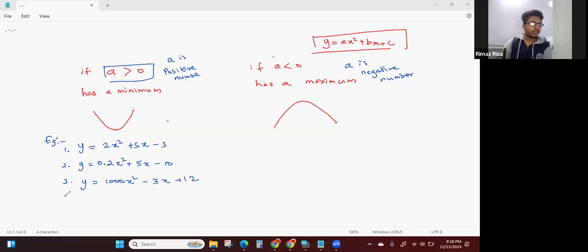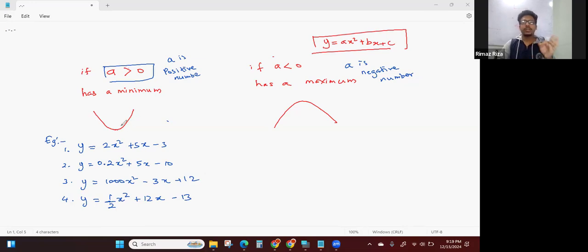Okay. So another example, you can write y equals, the only condition, the coefficient has to be a positive number. So I write half x squared plus 12x minus 13. Okay. So here these everything have a minimum.